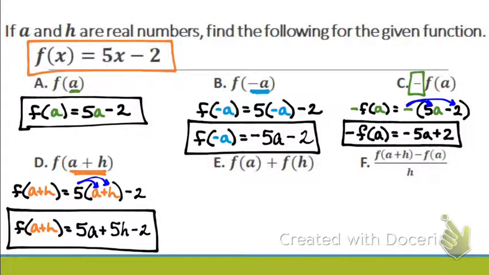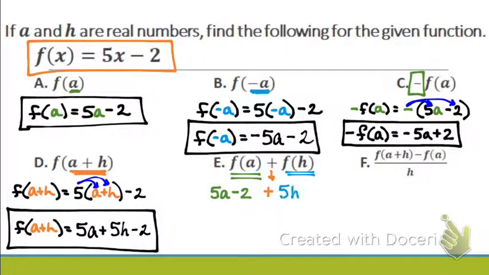Part E, all the same letters and symbols that were in Part D, but it is not asking me to do the same thing. What is this one asking me to do? Yes. f of a, we did that in Part A here, right? That was 5a minus 2. We're going to add that to f of h. So over here for f of h, I'm just going to put h in the place of the x.